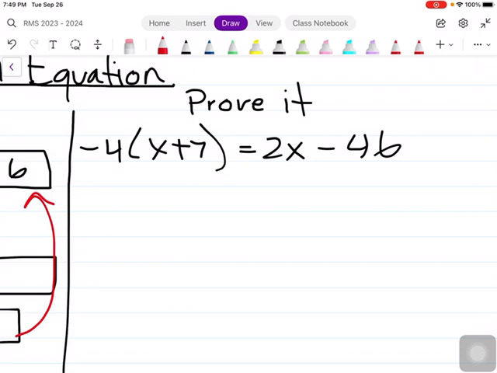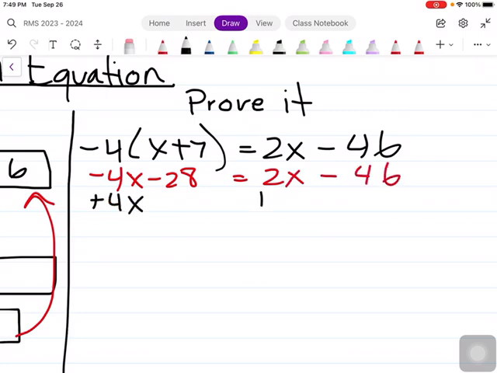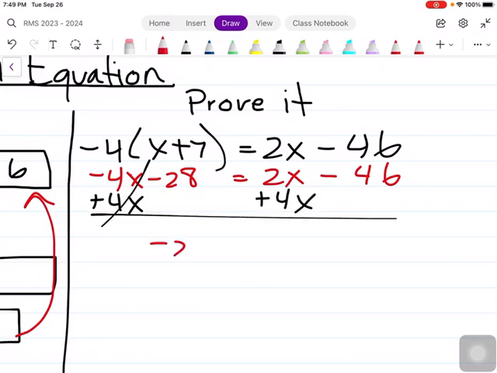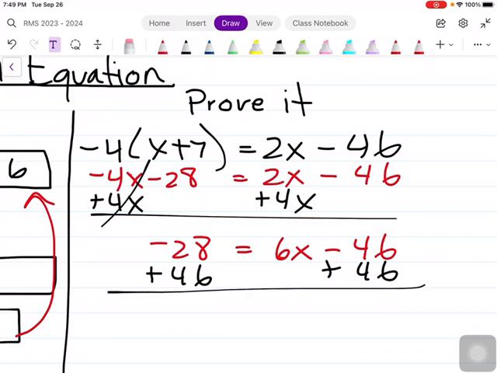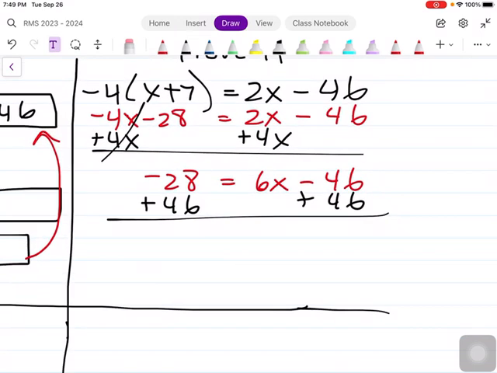So I'm going to start by distributing, and I get -4x - 28 is equal to 2x - 46. I know that -4x is the smaller variable, so I'm going to do the opposite of that. I get -28 is equal to 6x - 46. I'm going to add 46 on both sides. Remember that different signs means that you're going to subtract.